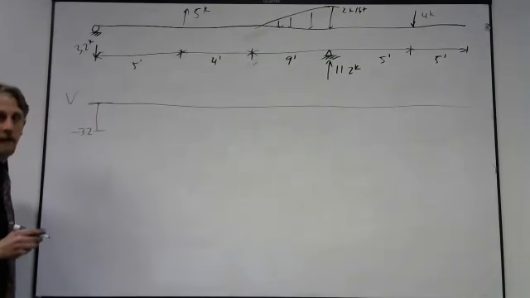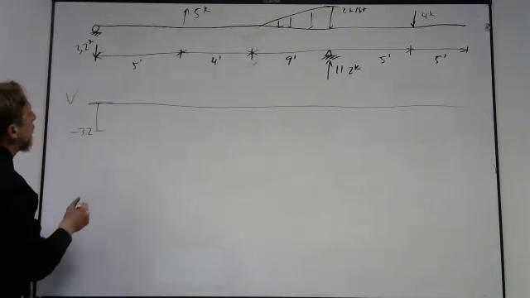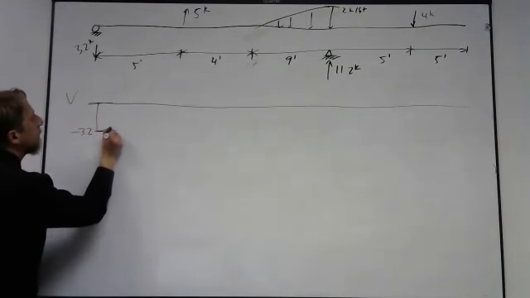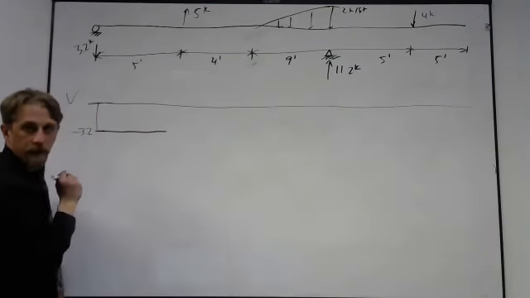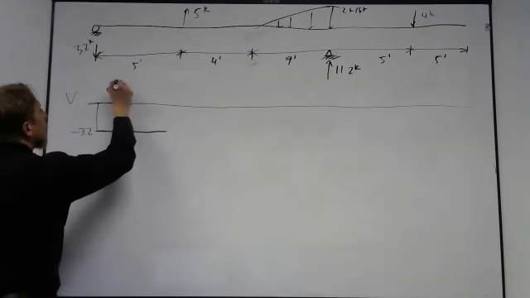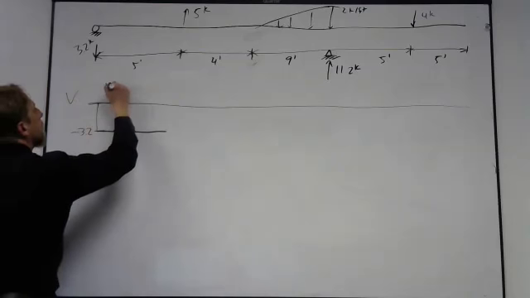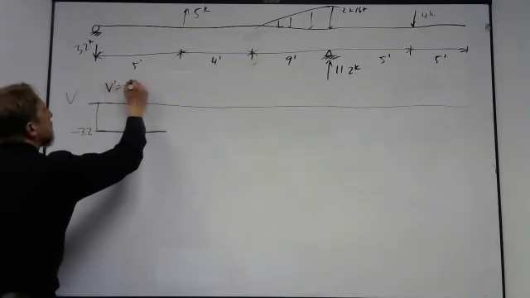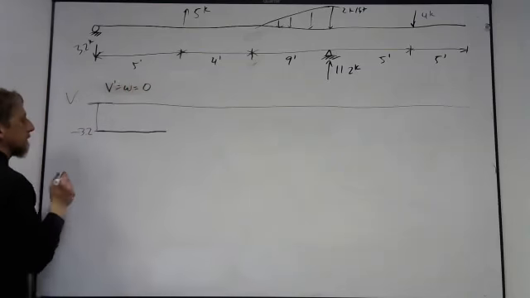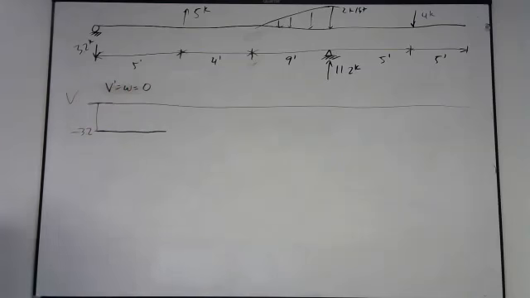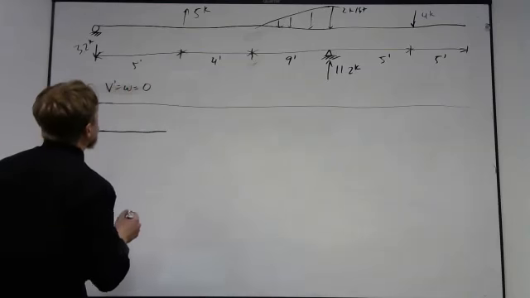That leaves me at 3.2 there. W is the slope of V, and it's 0. So my slope of V is 0. That's why I'm drawing it like that.